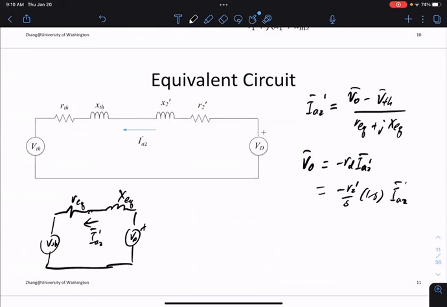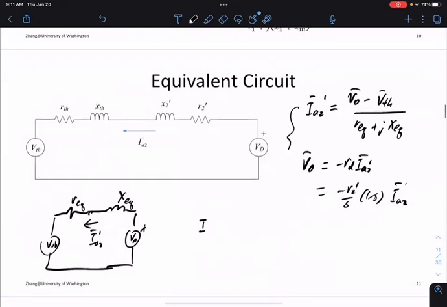So in the circuit, what do you know? You normally know what the Thevenin equivalent voltage is. That's something you can compute. You know what the slip is. So you want to write down the current as a function of the Thevenin equivalent voltage and the slip. The way we do it is take these two equations and substitute VD in these two equations.